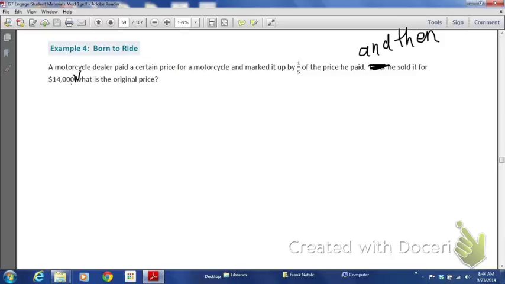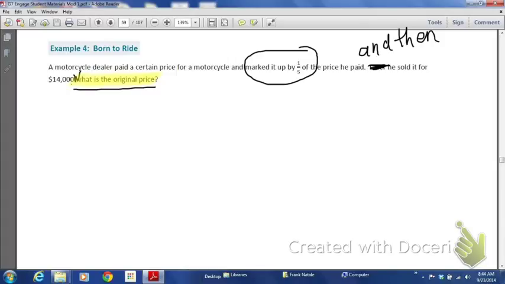What is the original price? Now, this is a little bit different because now we are actually backing up into the original price. What we don't know is the original price. We are trying to find out what the original price is. What we do know is that he marked it up 1/5, okay?